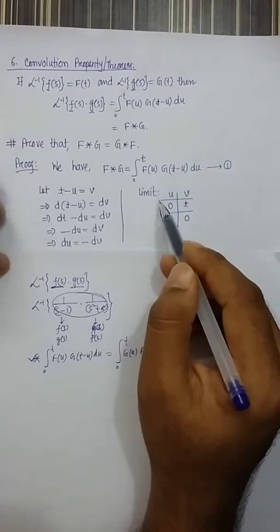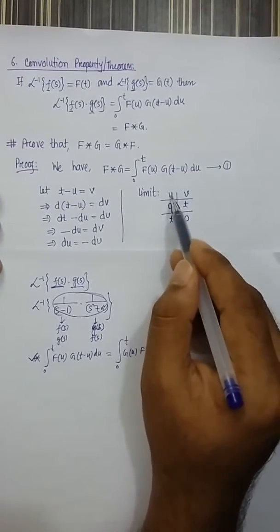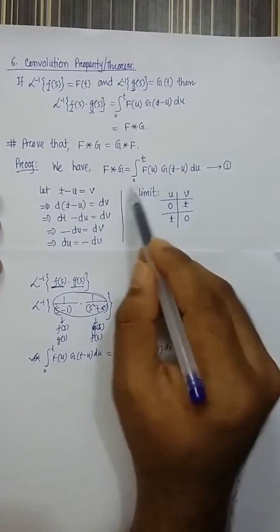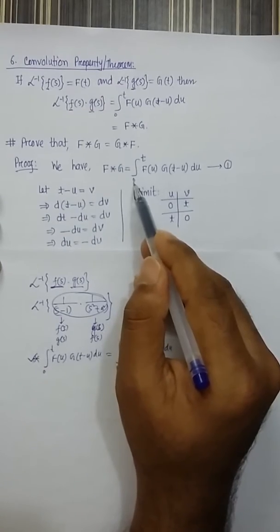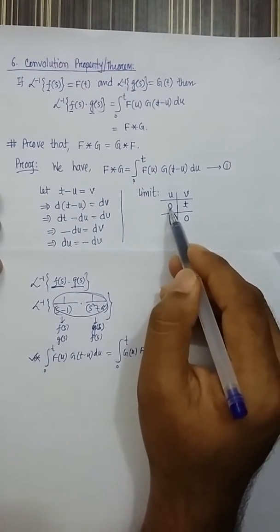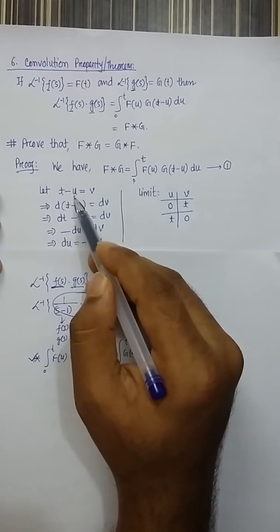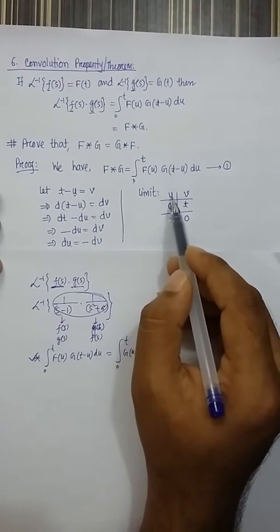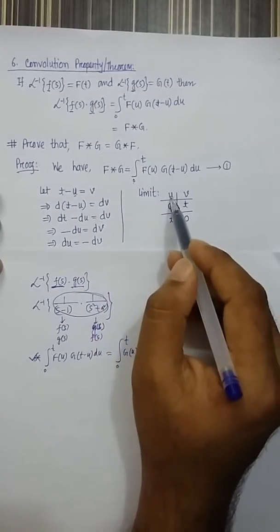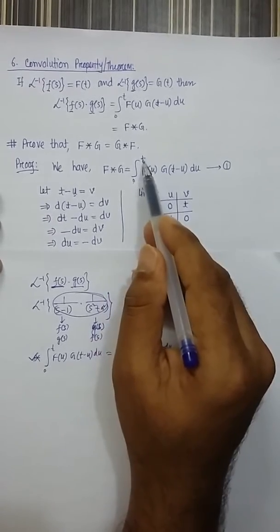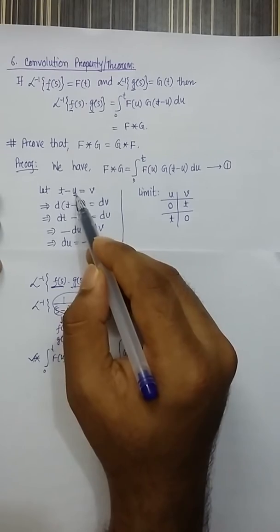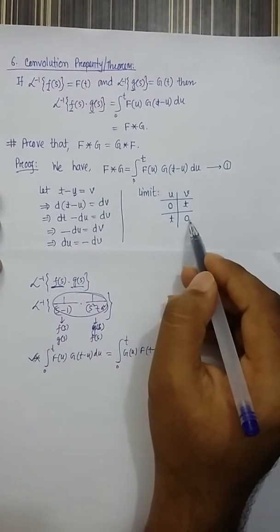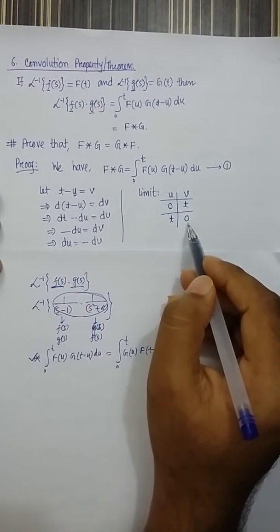Also we will have to change the limits according to the property of definite integral. If the lower limit of u is 0 and we put 0 here, it gives v equals t. And if we use the upper limit t, then t minus t is 0, so v will be 0.